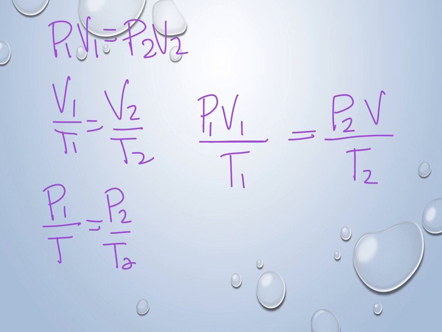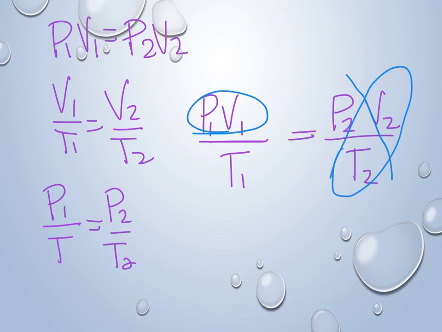So as you can see, you have Boyle's law there, Charles' law here, and you have Gay-Lussac's law there. So you have all three laws combined into one equation.